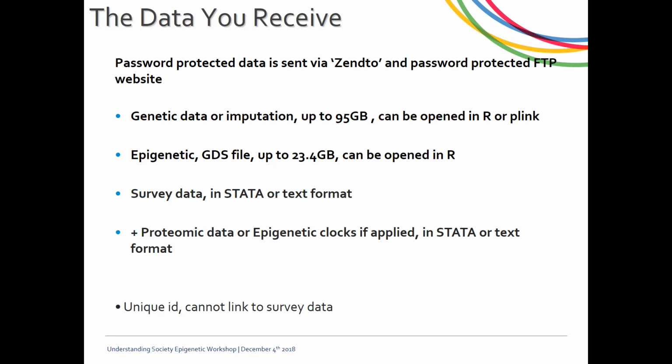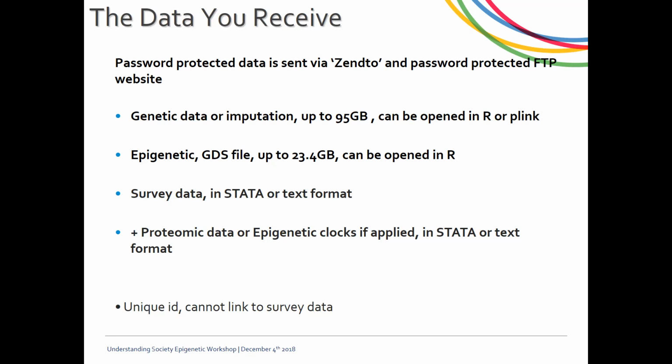And for the large data, we are going to send by FTP website with password protected. And if you just want this measured genetic data, then it's just up to 3 GB. So once we zip it, we probably can send you by Zen2.